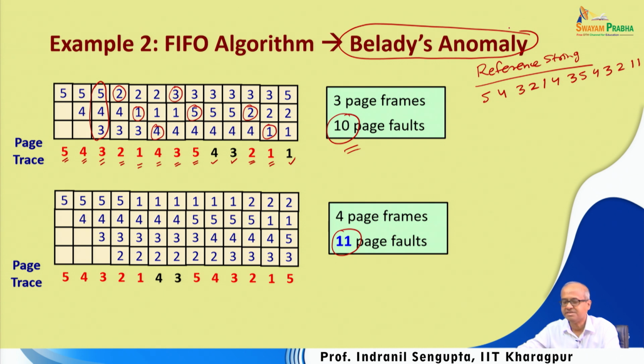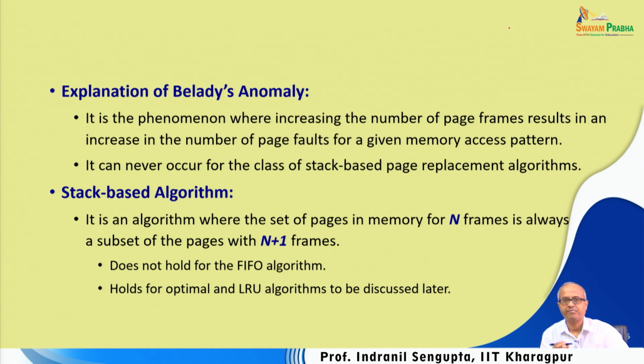Belady's anomaly says that in some page replacement algorithms, if you increase the number of available page frames in memory, the number of page faults can go up. Okay? That is what Belady's anomaly says. Let us talk a little bit about Belady's anomaly.